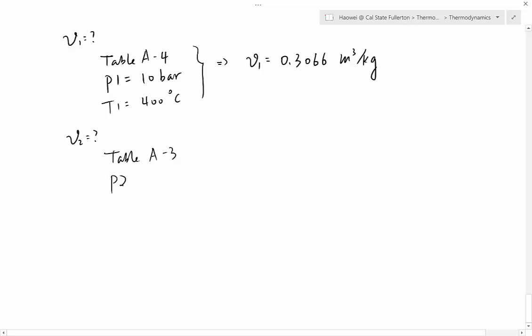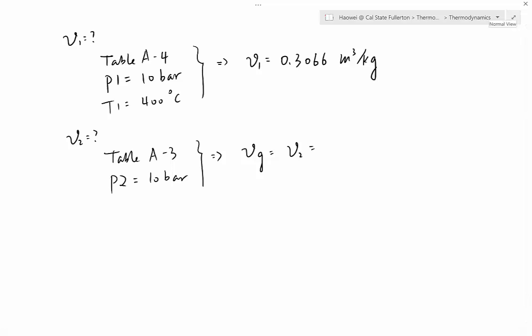We know P2 is equal to 10 bar. And from here, you go to the table, and what do you look for in the table? Point 2 is just point G. So when you go to the table, you look for nu G.